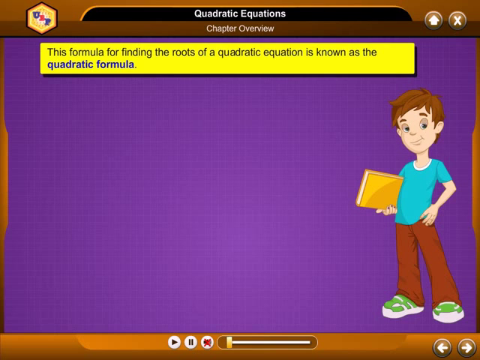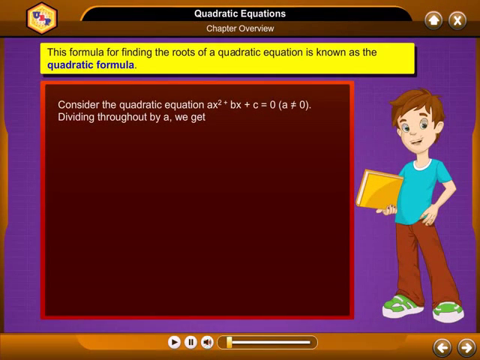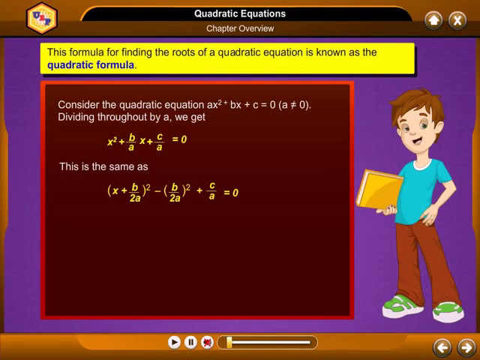This formula for finding the roots of a quadratic equation is known as the quadratic formula. Consider the quadratic equation ax² + bx + c = 0, a ≠ 0. Dividing throughout by a, we get x² + (b/a)x + c/a = 0. This is the same as (x + b/2a)² − (b/2a)² + c/a = 0.